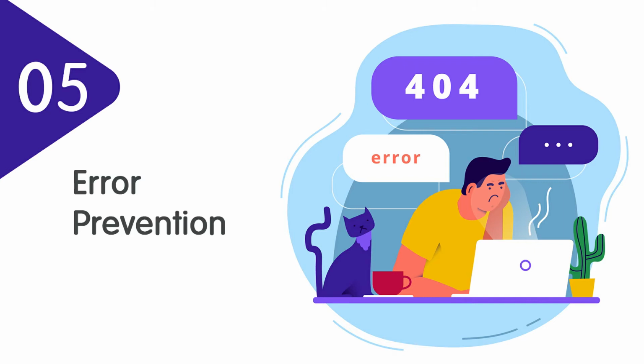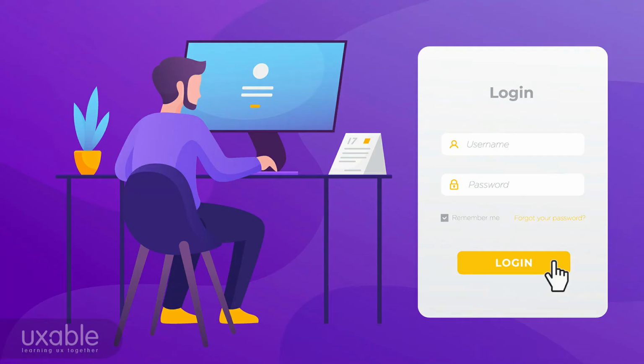So what is error prevention? Error prevention means your application or web app should be designed so carefully that it prevents a user from encountering a problem before it occurs in the first place. Let's understand this heuristic better with a very simple example, a login screen.